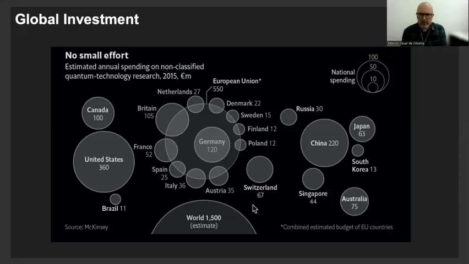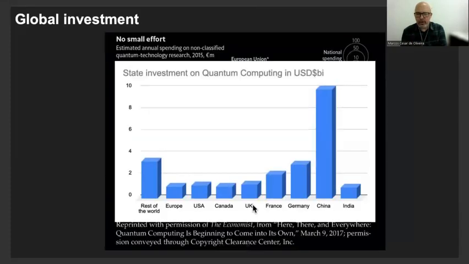But if we look at a newer picture from 2021, we see a huge increase of the money put into those technologies. This is just state money, coming directly from states. For example, the USA invested around 1.1 billion dollars this time, and Canada applied the same amount.